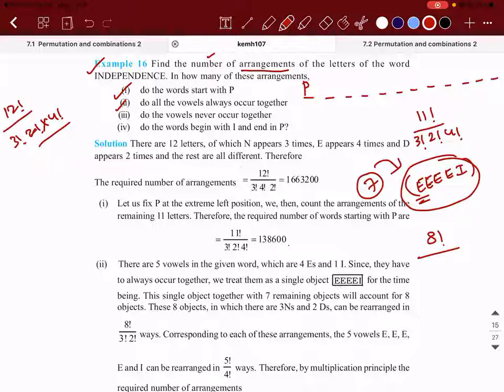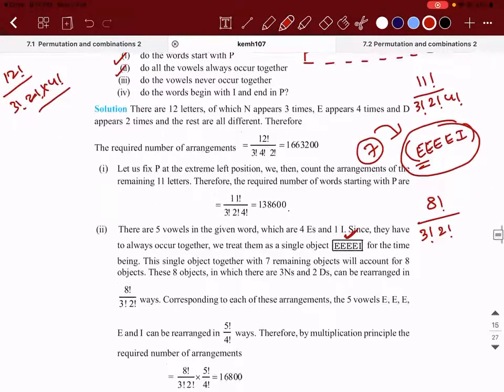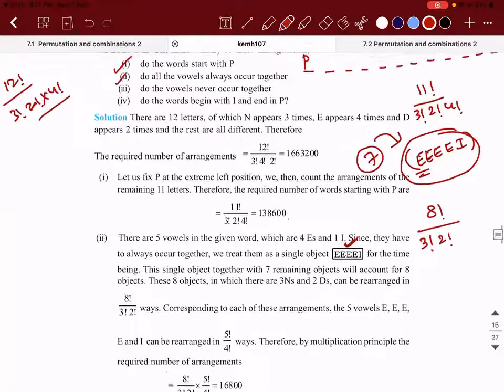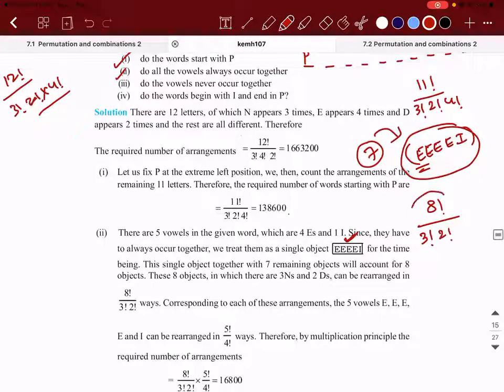N is repeating thrice and D is twice. So 8 factorial over 3 factorial into 2 factorial. This is the number of ways in which those 8 letters can be arranged.